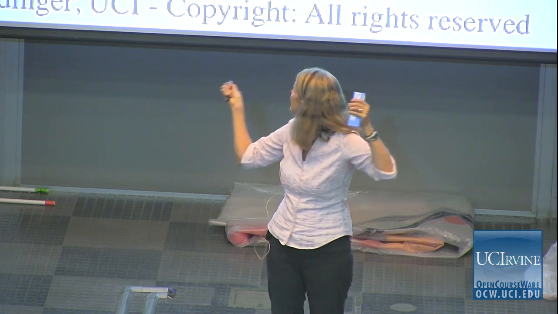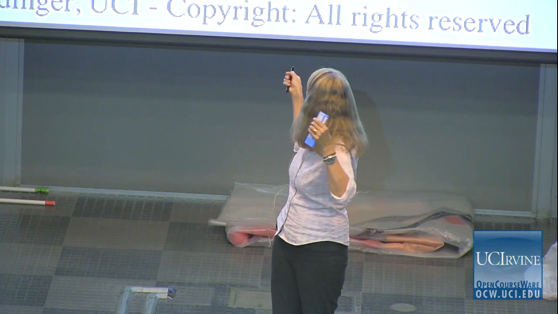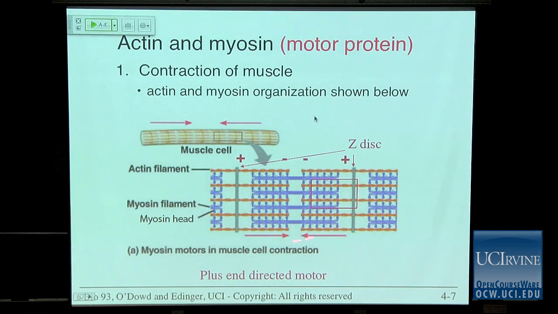That means what space decreases? Right? That space decreases because these Z discs move in. And these are plus end directed motors, so the myosin grabs toward the plus end and pulls in. Okay, so that causes a shortening of the muscle. And we call these plus end directed motors because the myosin heads are always moving toward the plus end of the actin. I'm sorry. Okay.